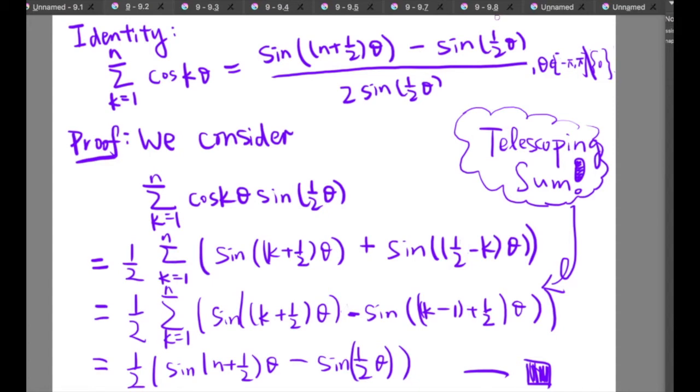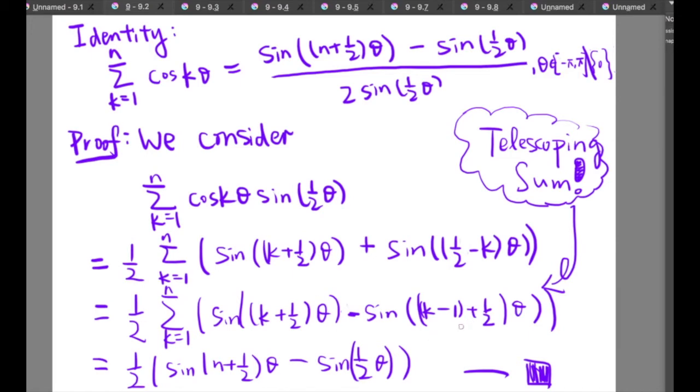Well, I use a trick. I first multiply sine(1/2 theta) to the left hand side, and we get this expression. Then we use the product to sum formula to obtain the second line. The second line is sine((k plus 1/2) theta) plus sine((1/2 minus k) theta), and then we multiply by 1/2. We rewrite this expression as sine((k plus 1/2) theta) minus sine((k minus 1 plus 1/2) theta).